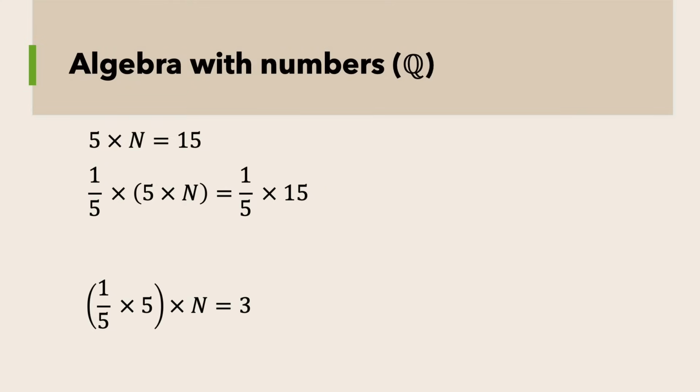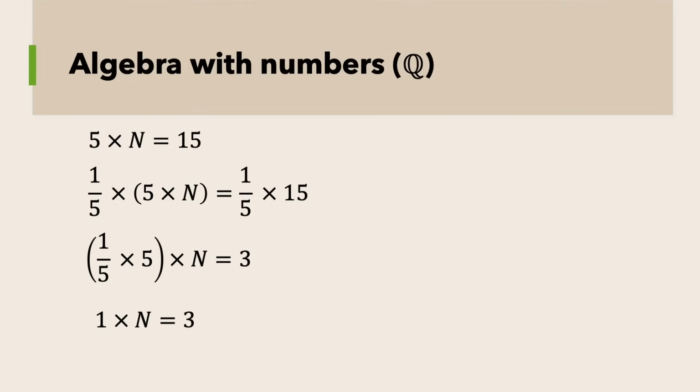And the reason for that, I think we all probably know, is because that'll give us 1. And even though we don't know what n is, 1 has the property that 1 times any number is itself. So I can now conclude definitively that n equals 3.